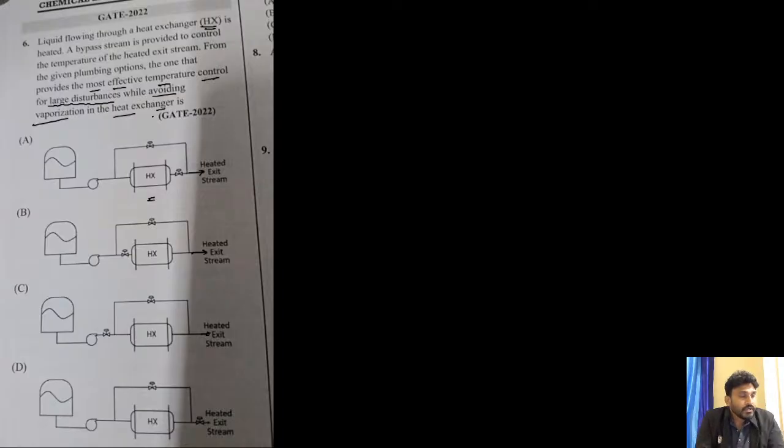ठीक है? So just remember one thing guys. बेस्ट बाईपास टेम्परेचर कंट्रोल कब होगा? बोलिए. So if the flow rate is constant, if the system basically faces large disturbances, कभी लिक्विड बहुत ज्यादा फ्लो रेट से आया, कभी बहुत कम आया, है ना.